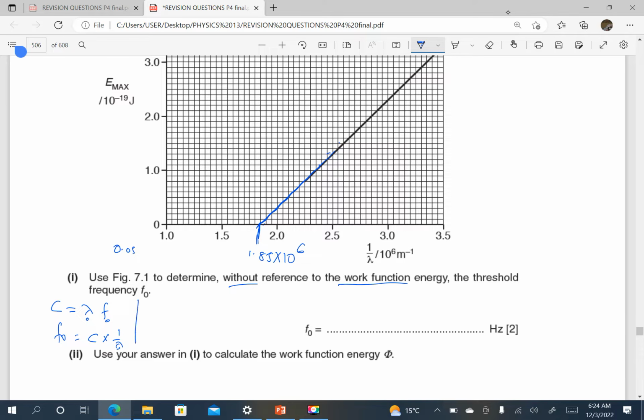From the graph, 1 over lambda naught is 1.85 times 10 power 6. So f naught is going to be c, which is 3 times 10 power 8, times 1.85 times 10 power 6. Let me check my calculator.